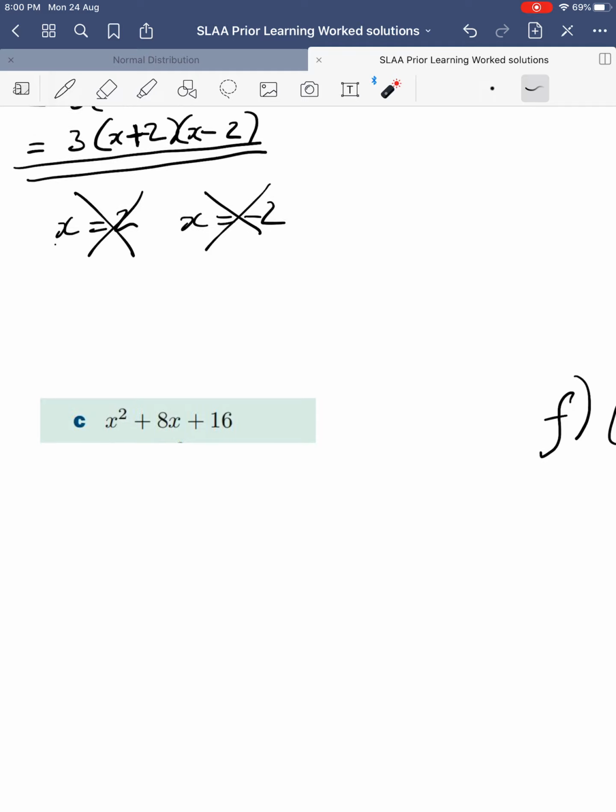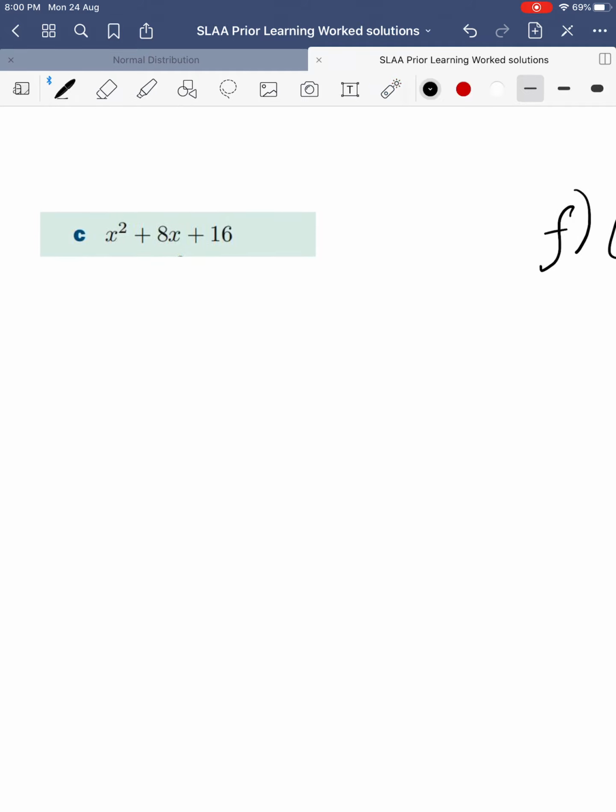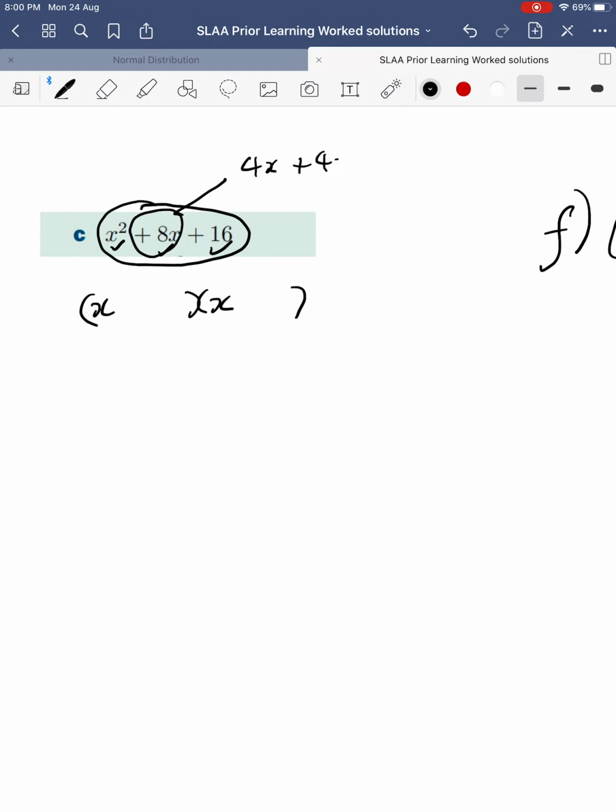If we go down to part C now, this will look quite familiar to you as well. This is a quadratic expression, and straight away you think about a single factor. There is no common single factor, so I think we're straight away to 2 brackets. And again, you may have been taught something about splitting the middle term, maybe changing the 8x into 4x plus 4x possibly, or you may have some kind of scissor method.